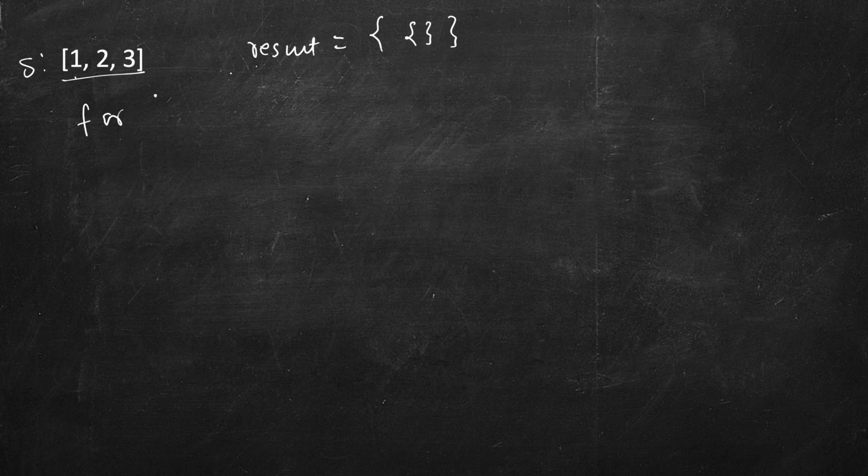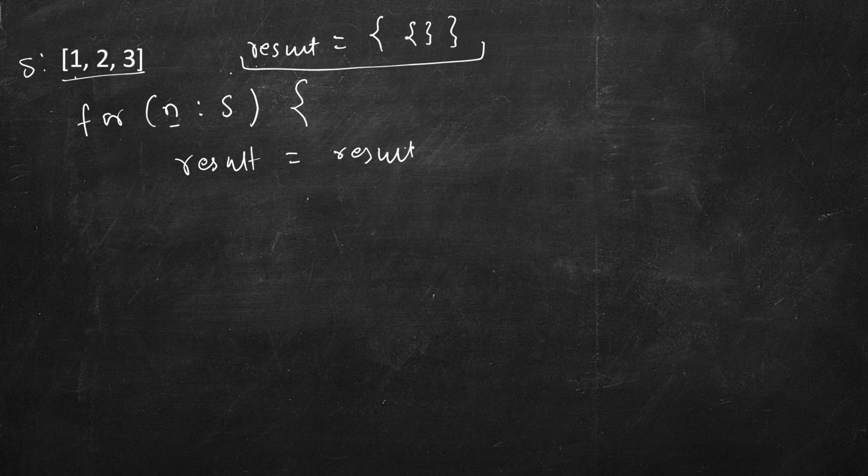So for n in S, we are looking for all elements n of S. Whatever is the existing result, we append this n to that. So result is empty, so result equals result union n plus the elements of result.